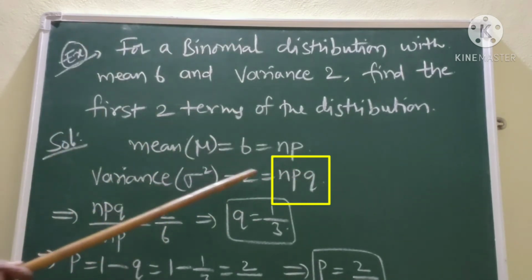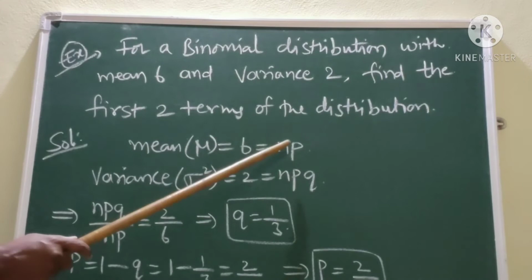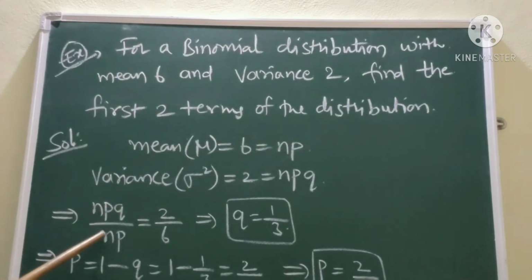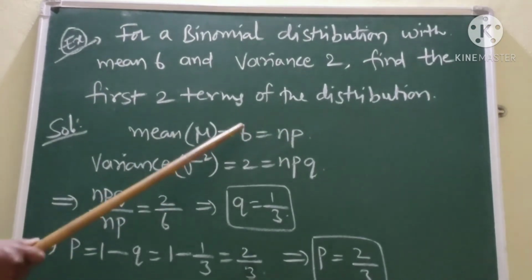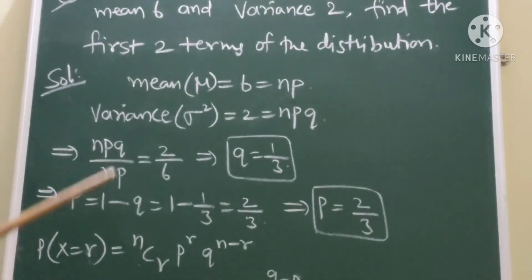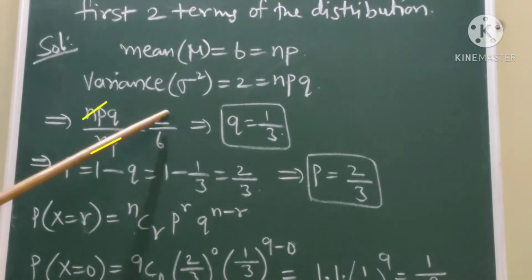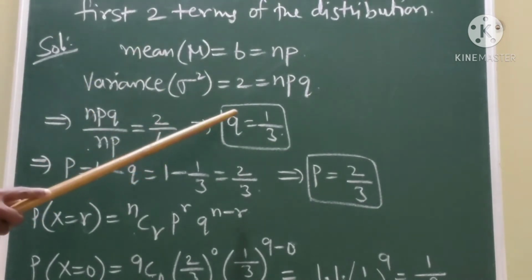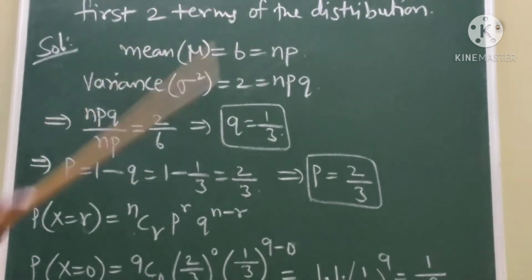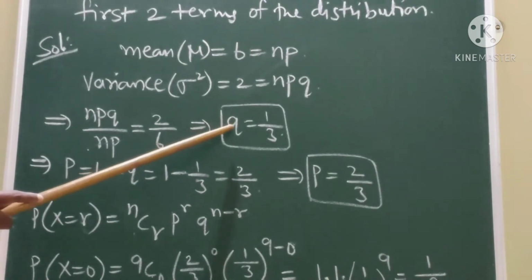Now dividing npq by np, npq by np is equal to 2 by 6. By cancelling, np gets cancelled and on this side 2 1s are 2, 2 3s are 6. So we get q is equal to 1 by 3, and q is nothing but the probability of failure.